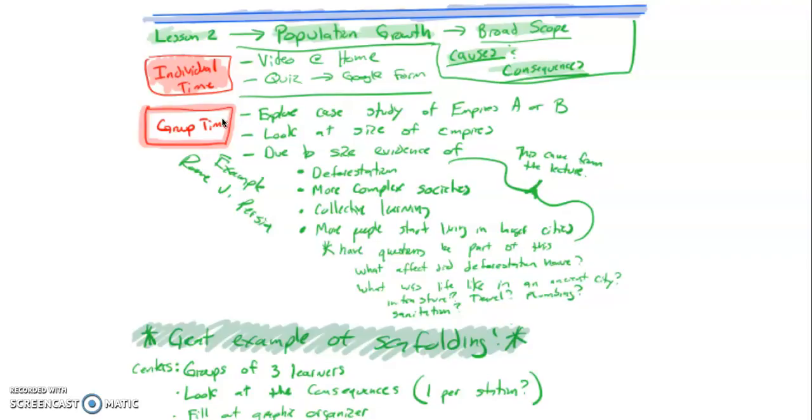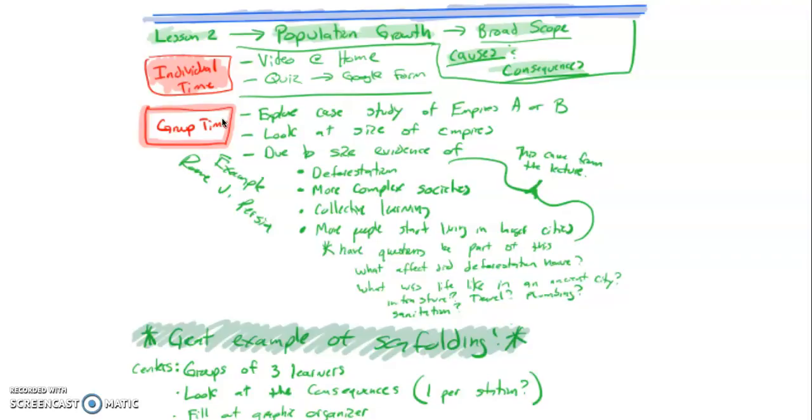Here's what I envision: the kids have watched and they have an idea about population and why it exploded exponentially and the consequences that came from that. Some of the consequences that kids will learn about are environmental, like deforestation; the idea that complex societies are going to become more complex because there's more people; the idea that collective learning is going to increase; and that more people are starting to live in cities.